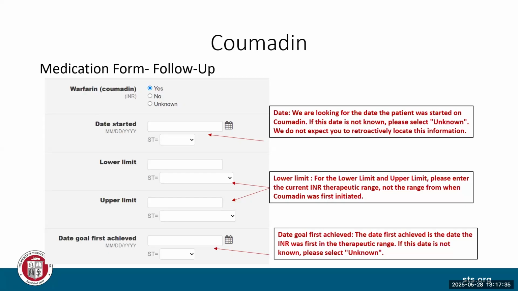The intent was for what is the therapeutic range and when did we get into that range? We probably need to clarify this and make the language a little bit better, but that's where these fields came from. Yes, we will get some clarification.